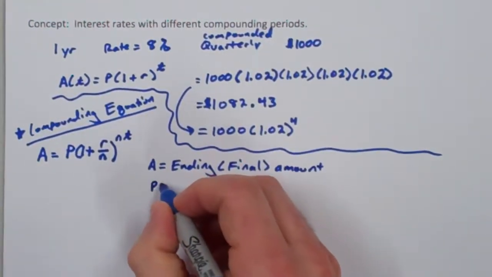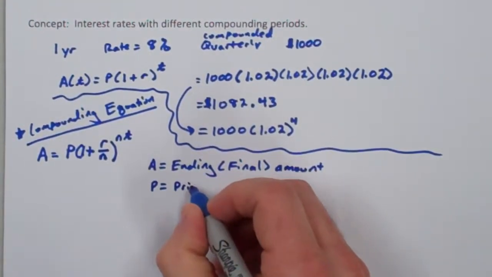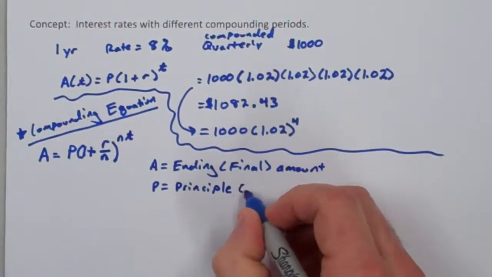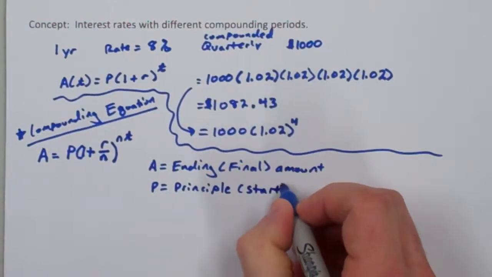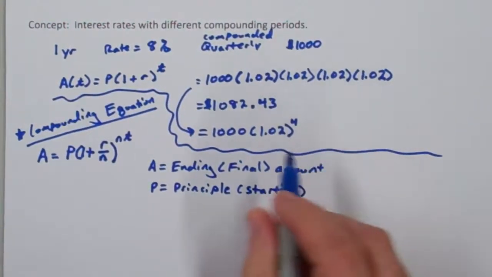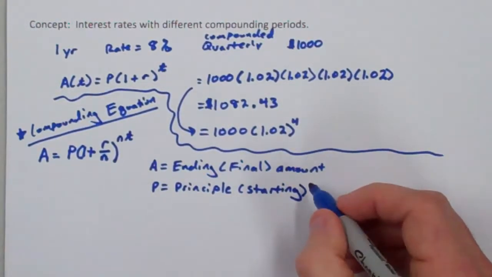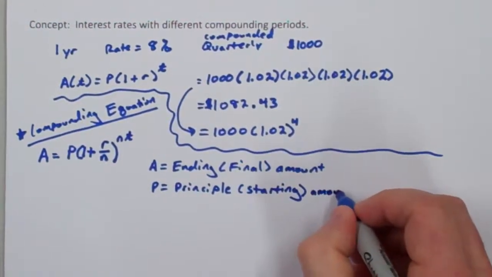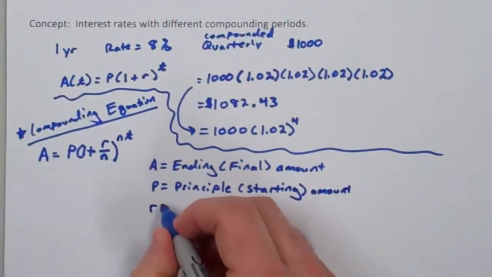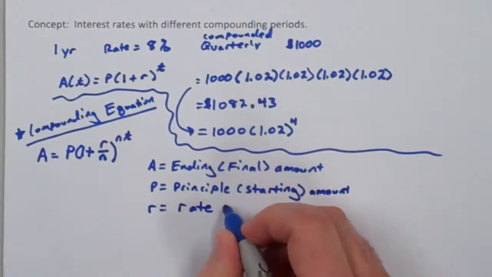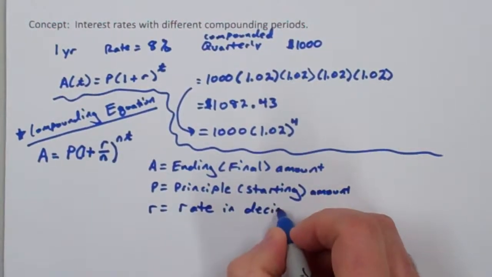P is going to be the principal, or the starting amount if you want. If you're talking about a loan, the loan would normally be for a set amount, and then you're going to have interest on top of that. So this is the principal or starting amount. R is still the rate, and that's going to be in decimal form.